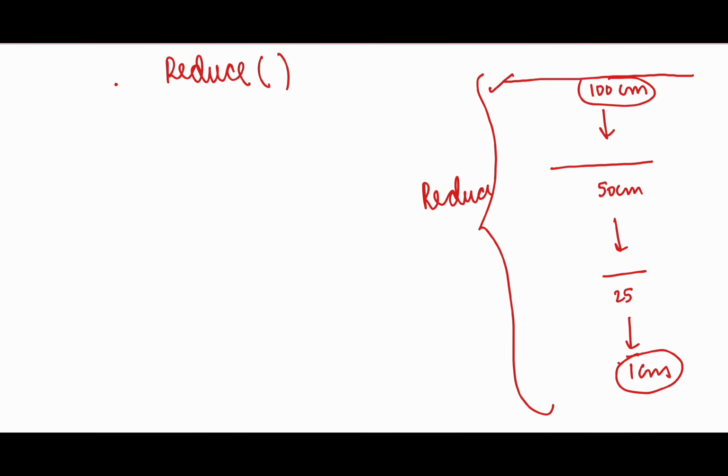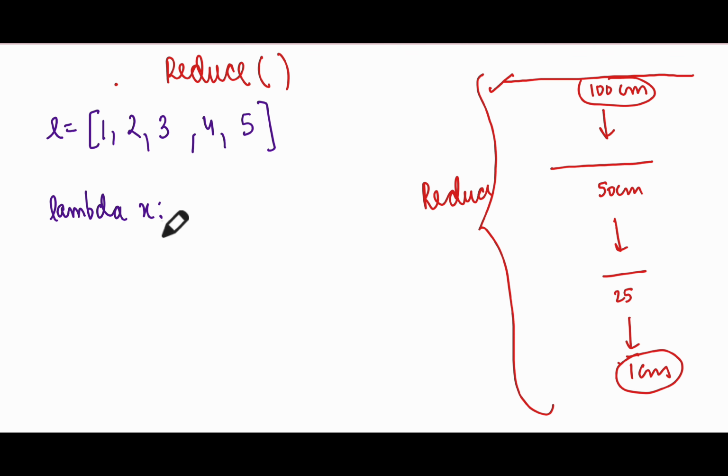So let's see how it applies here. For example, let us say you have a list L equal to 1 2 3 4 and 5, and you have defined a lambda function which takes the sum of two elements: lambda x, y, x plus y. When you apply this lambda, remember what happens when you use map, it converts all.